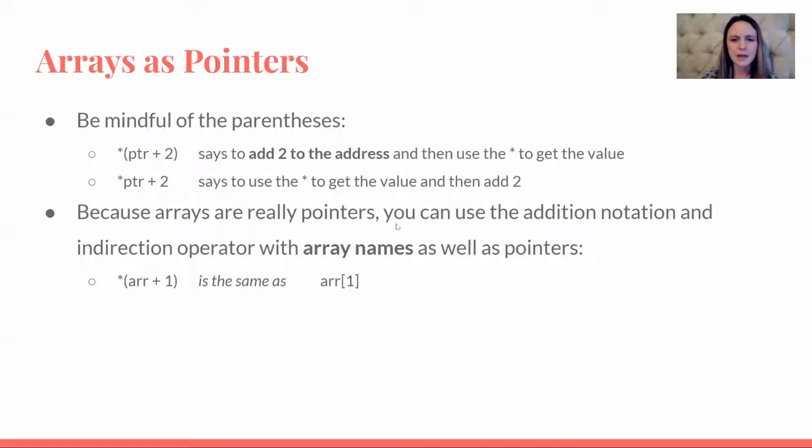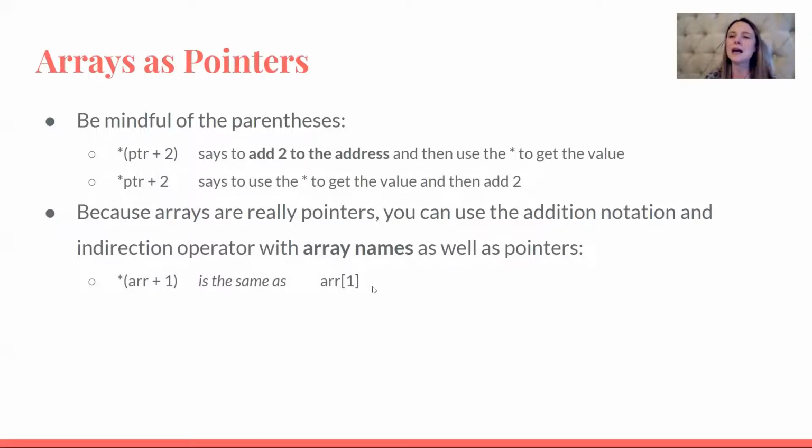Okay. You can use that same addition notation with pointers. You can use it with the array name too if you want to. That's totally valid because an array is a pointer. It's an address. This is the same thing as this.